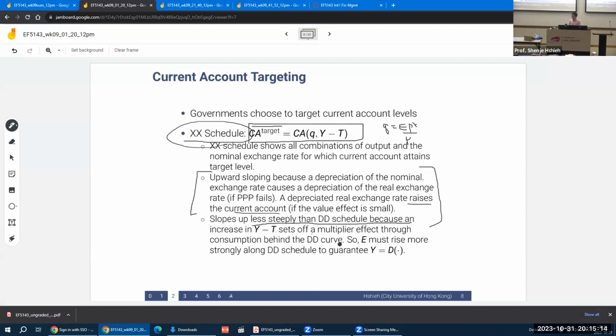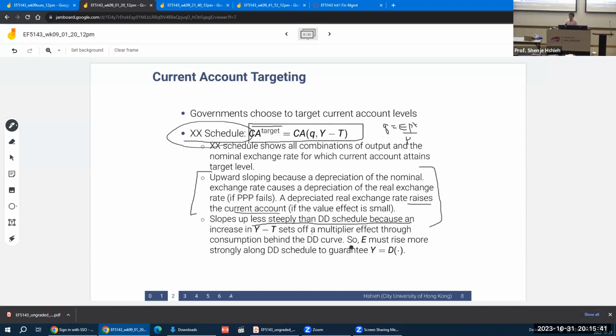So what does that mean? What this is saying is that when you increase income by a certain amount in the current account function, all that change in E is going to go towards increasing output, okay? Yes, through CA.